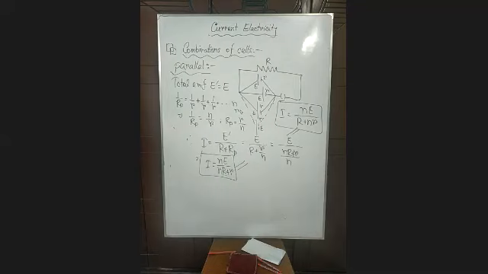What will be the flow of current for 20 ohm external resistance?